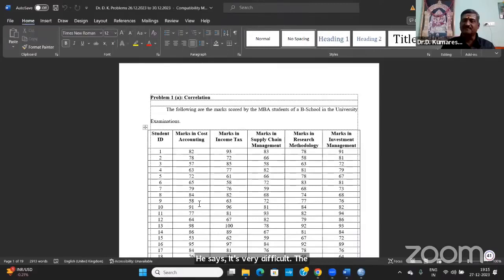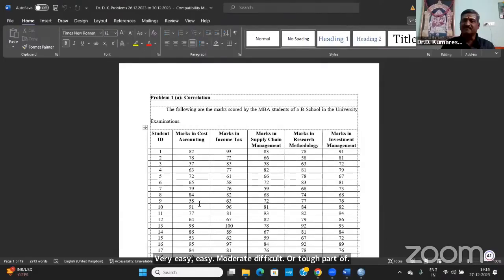So the marks obtained by students could also be influenced by difficulty level. Here, difficulty level is given in ordinal data: very easy, moderate, difficult, very tough.